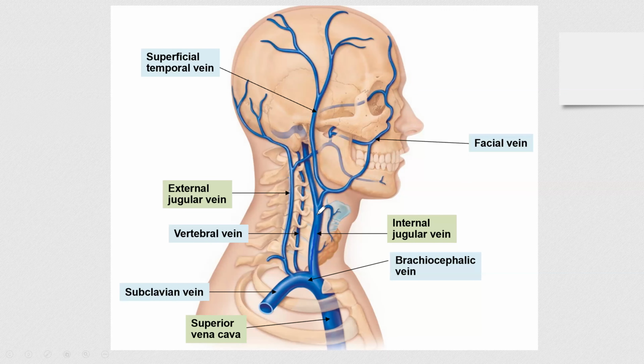So internal jugular is really a huge one. Internal jugular is a huge blood vessel. External jugular is a smaller blood vessel because lots of blood, even from your face and head, returns back through the internal jugular.